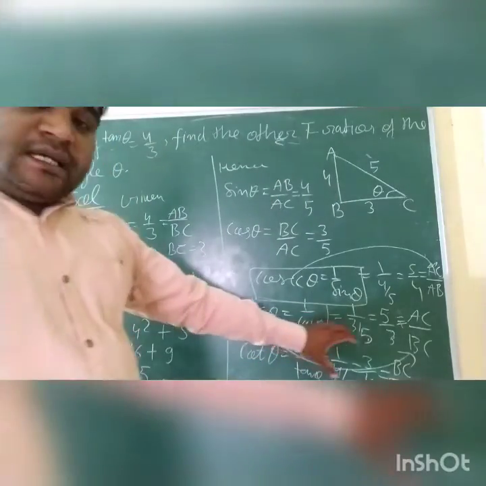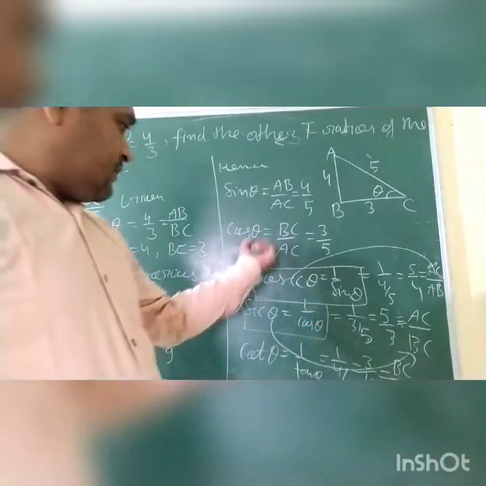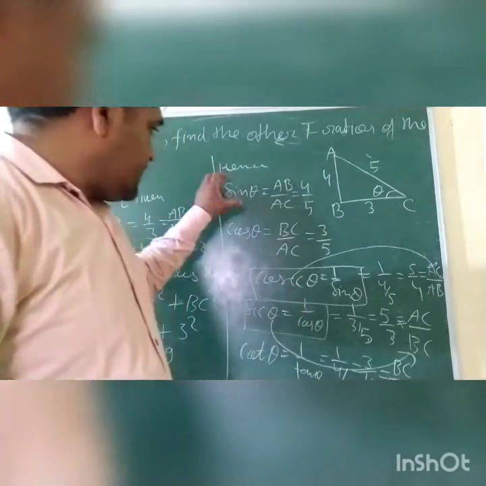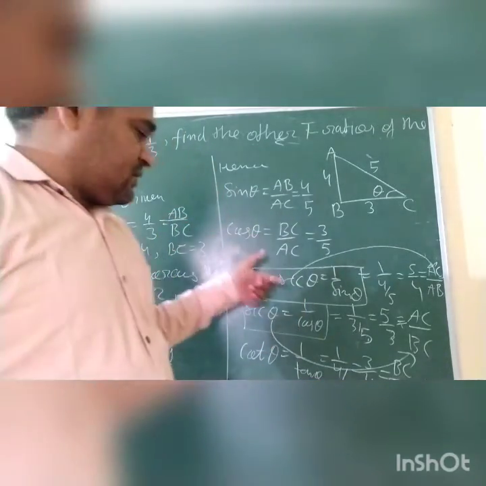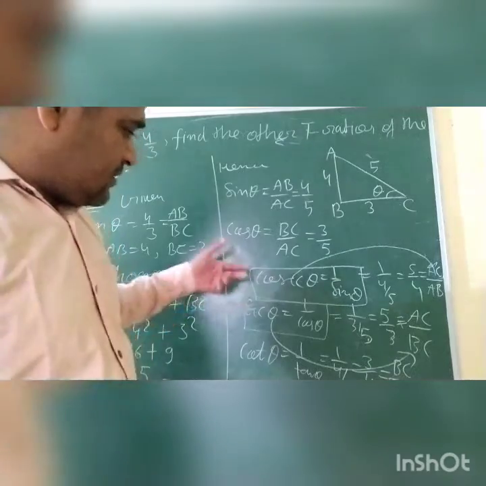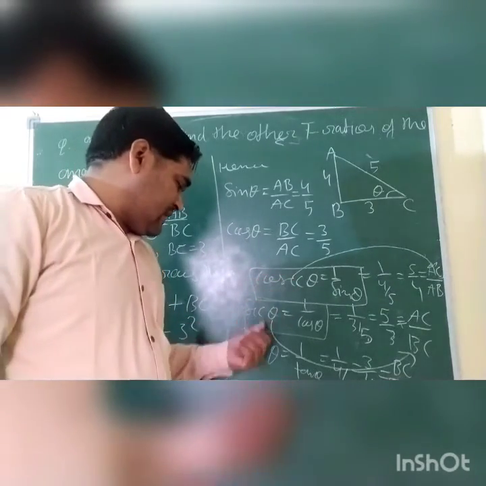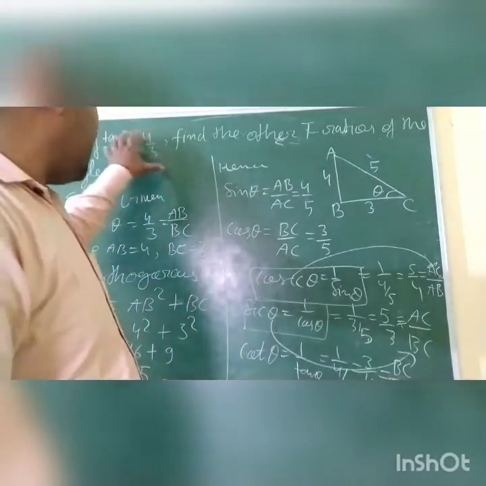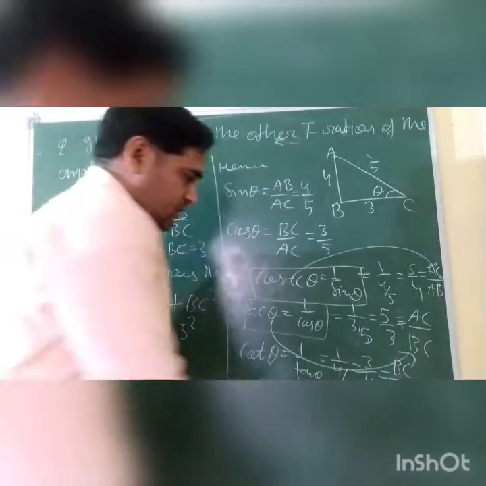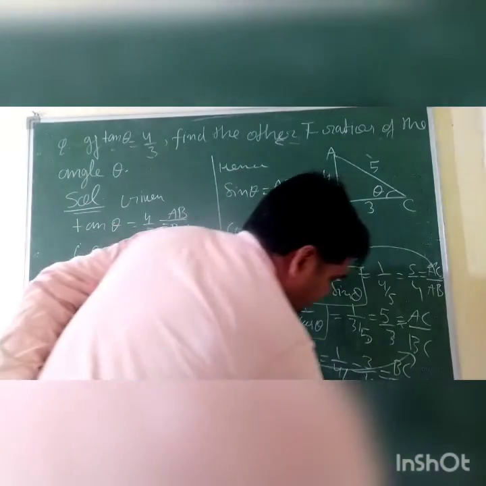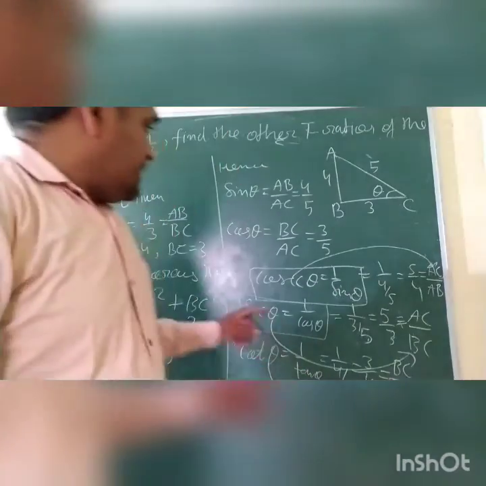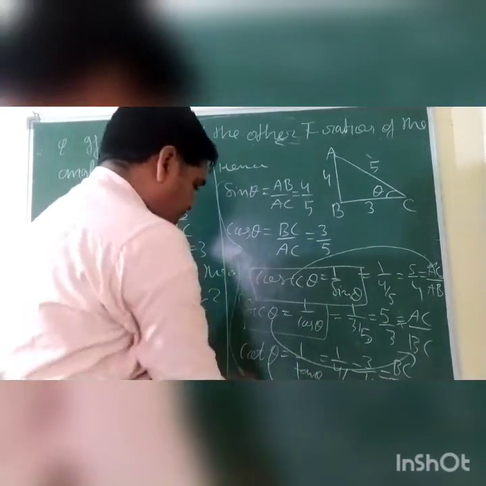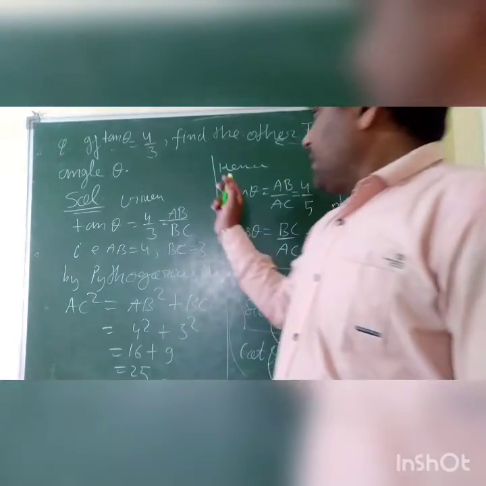So cosec, sec and cot are the reciprocals of sin, cos and tan. So these values are the other trigonometric ratios, six values in all.